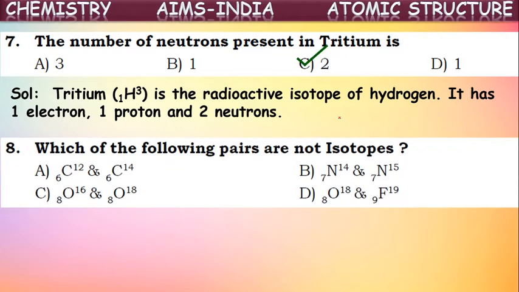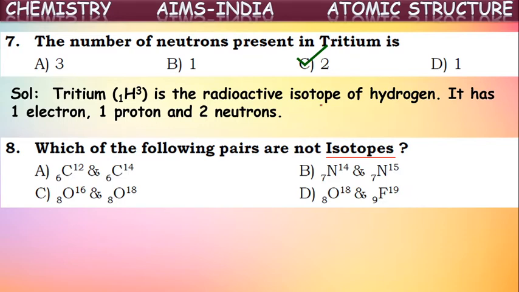Which of the following pairs are not isotopes? So what is the meaning of isotopes? We have learnt isotopes are the atoms which have the same atomic number but different mass numbers. Just now I have seen that tritium is a radioactive isotope of hydrogen, because hydrogen has 3 isotopes: protium, deuterium and tritium.